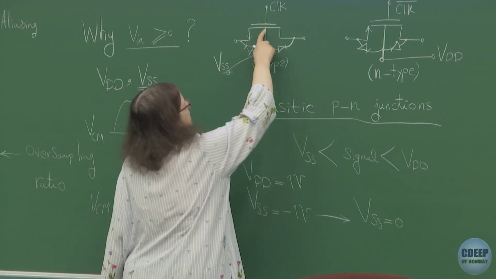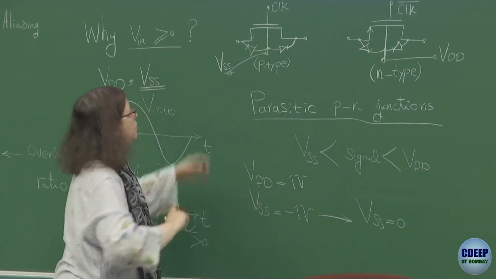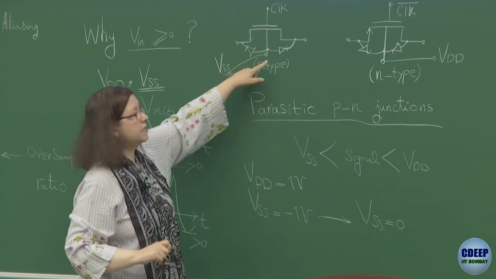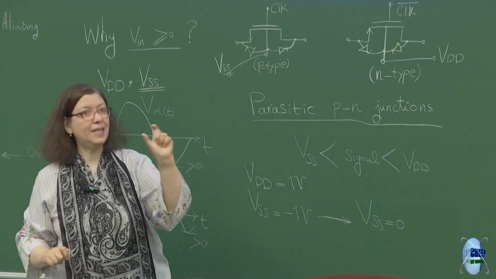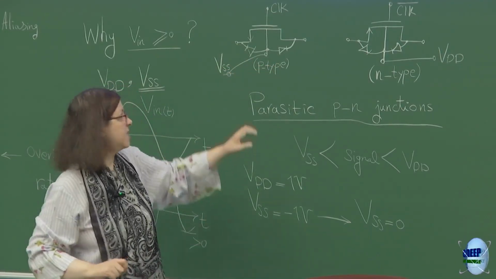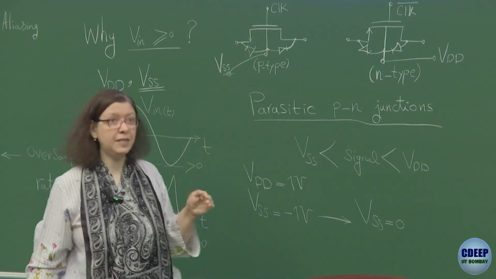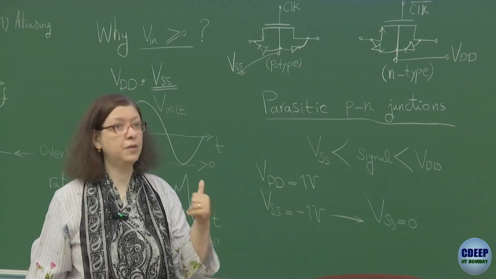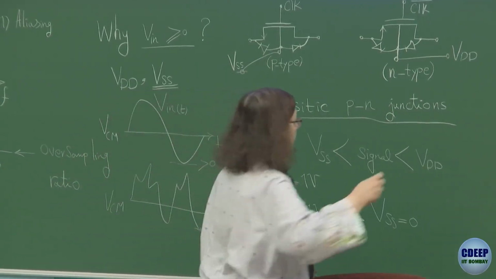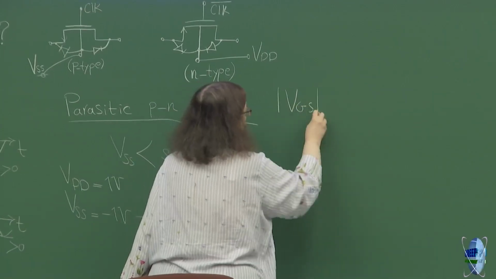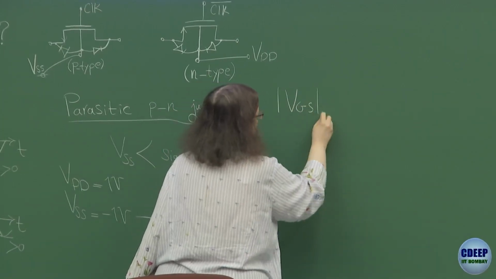This gate oxide, which is between the gate and the channel, and the reverse bias junctions, have a limited breakdown voltage, and specifically this gate oxide. So if you go above VDD, you need to make sure that you are not crossing the limit on all these two terminal voltages.